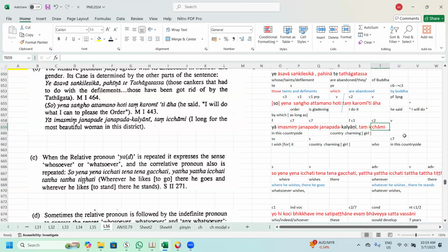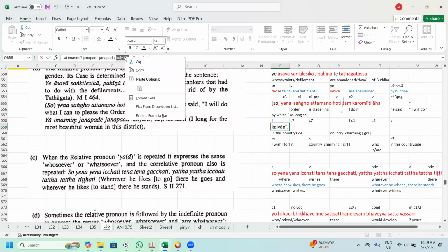Because this is feminine, this is your relative pronoun, "who". If it's singular, you just put "is"; if it's plural, you have to put "who are". Can you see? Because this is in this countryside, we determine what the meaning of this is.